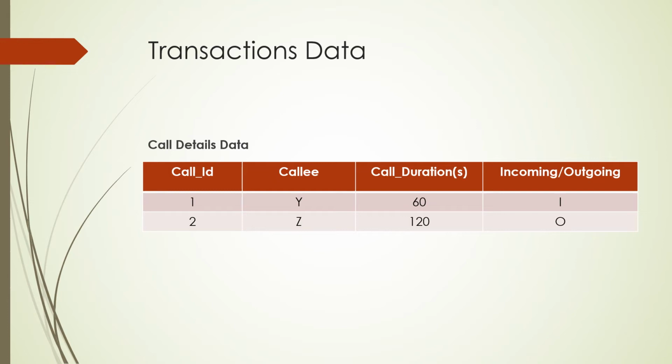This can or cannot exist, as I mentioned, because if the customer has bought a SIM, they are still a customer. Their customer master data will still exist, but the transaction will not, if they have just recently bought a SIM, have not made any calls, or have not yet topped up their accounts.